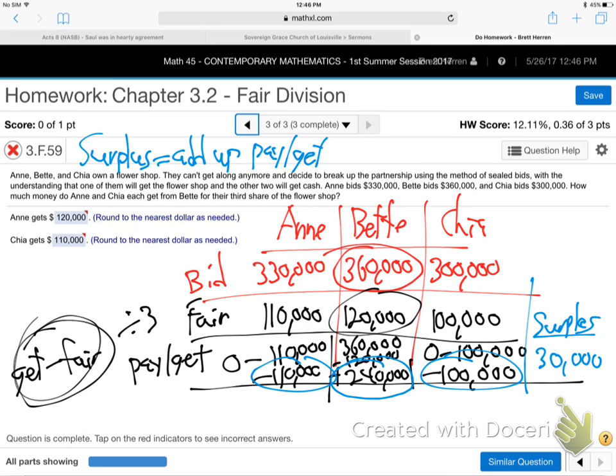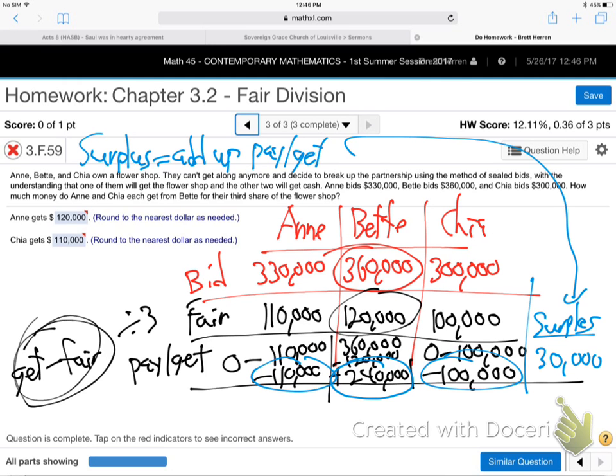I just added these up. That's what the surplus is. Betty paid 240 into the estate and the other two took out, so there's 30,000 left over, extra surplus after that transaction.